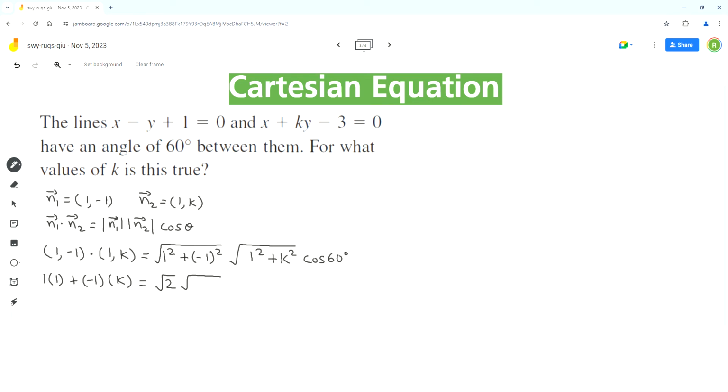1 square is 1. And cos of 60 degrees is equal to 1 over 2. Now we can simplify the expression on the left side.